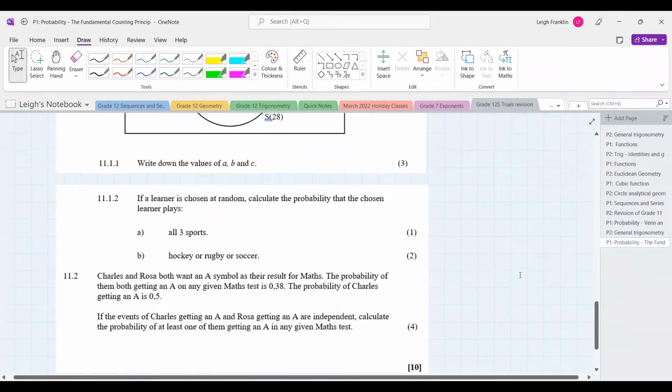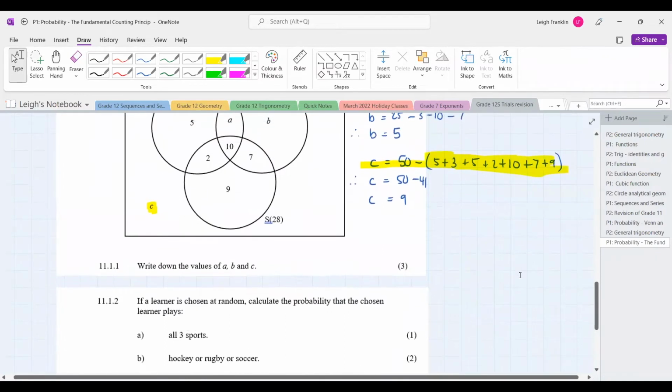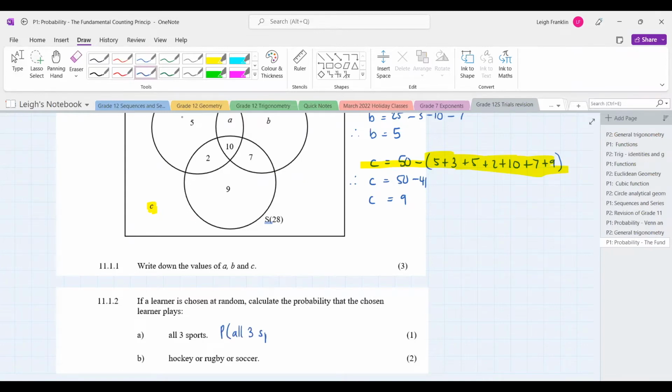If a learner is chosen at random, calculate the probability that the chosen learner plays all 3 sports. So what would be the probability that the person plays all 3? How would we work that out?